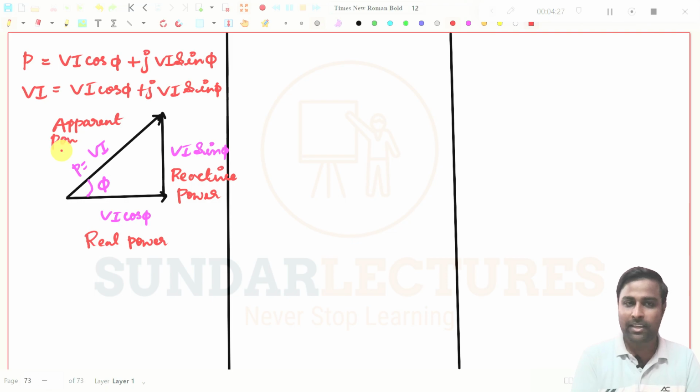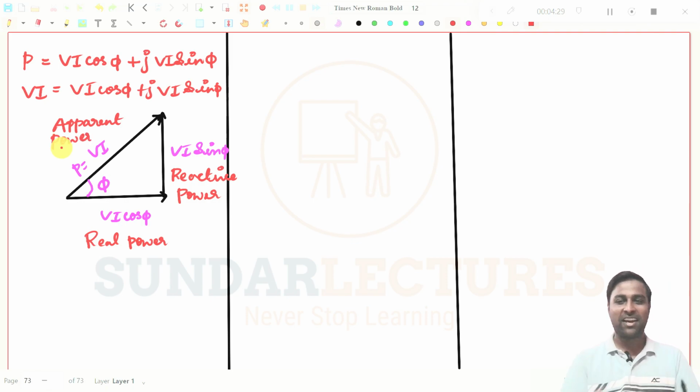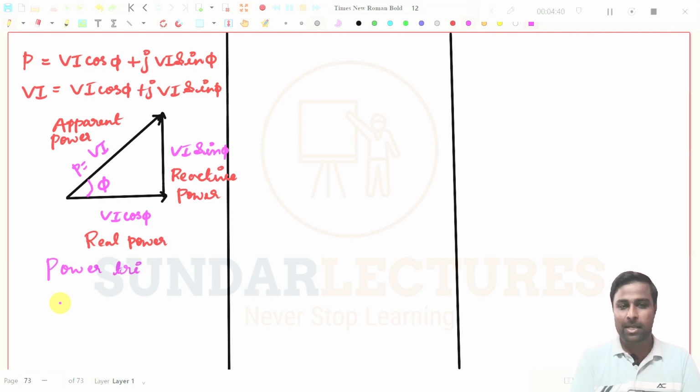This power will be apparent power, right? This is the power triangle. This is the power triangle, right? We can write the expression like this.